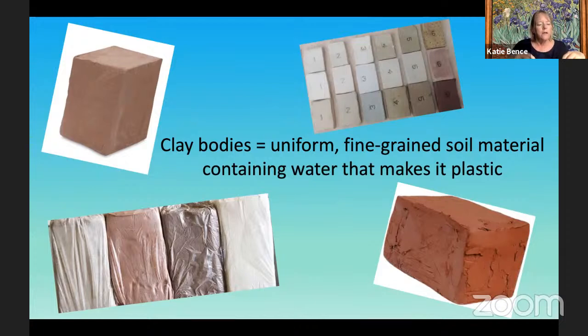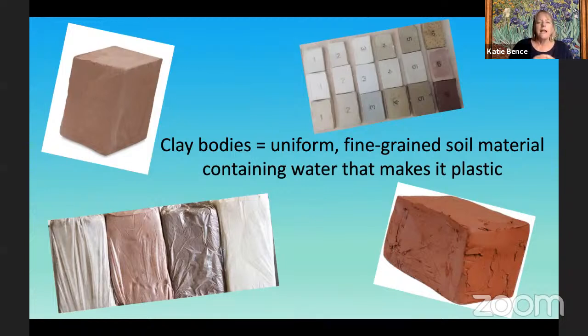They came in different colors, from white to yellow to brownish black, and that varied based on the amount of iron compound that was included in there. Something like these two clay bodies had much more iron oxide in them than maybe these or some of these lighter ones here.